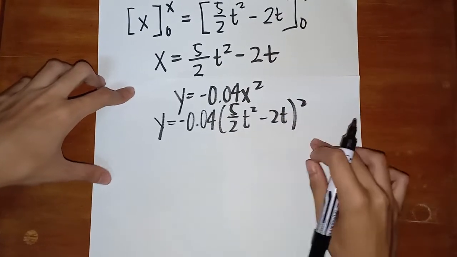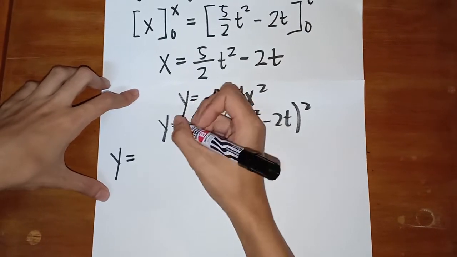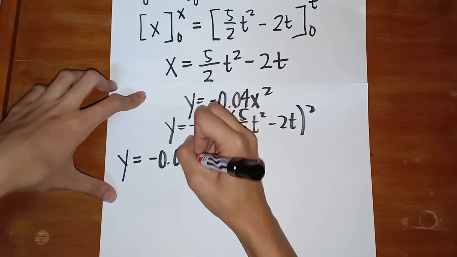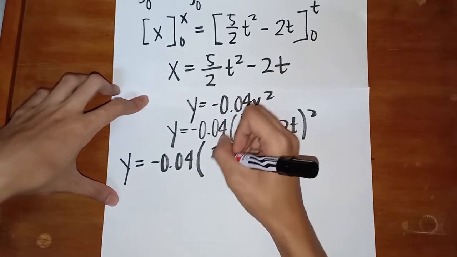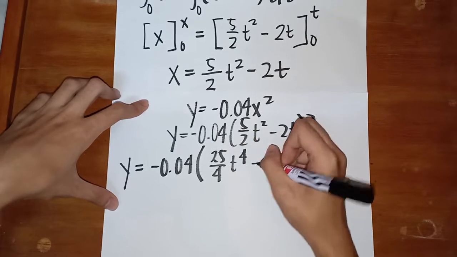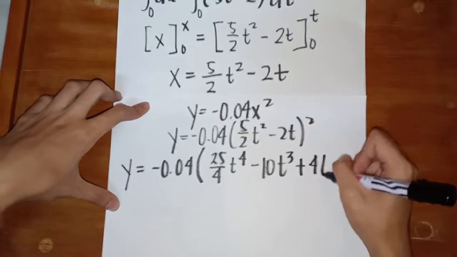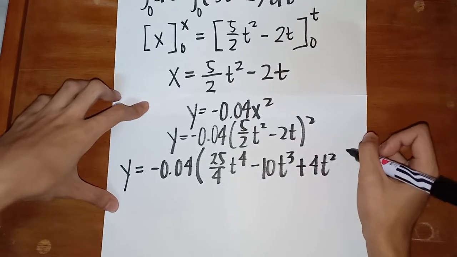Kapag sinimplify natin to, makukuha tayo ng y is equal to negative 0.04 times 25 over 4 t raised to 4 minus 10t cubed plus 4t squared.